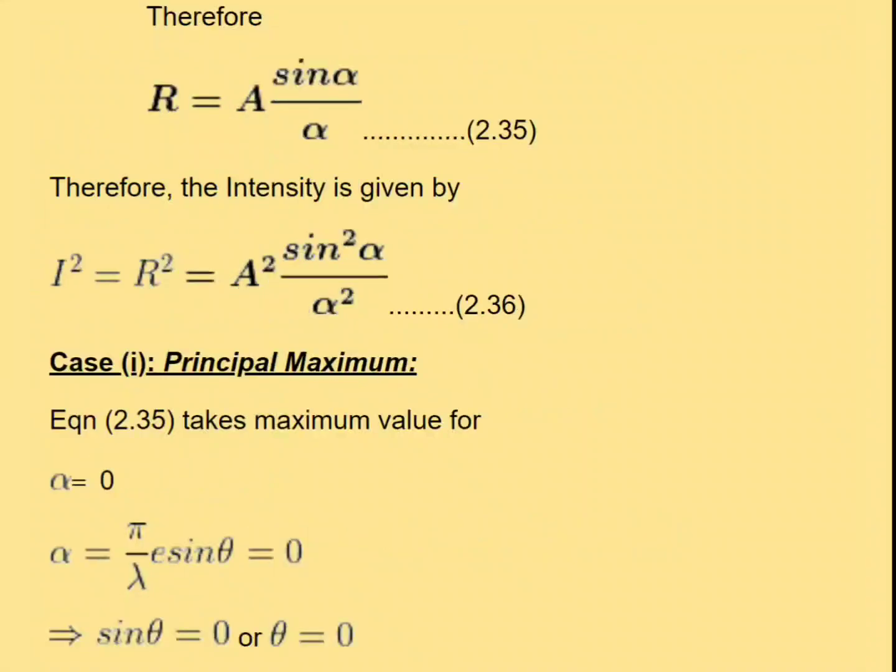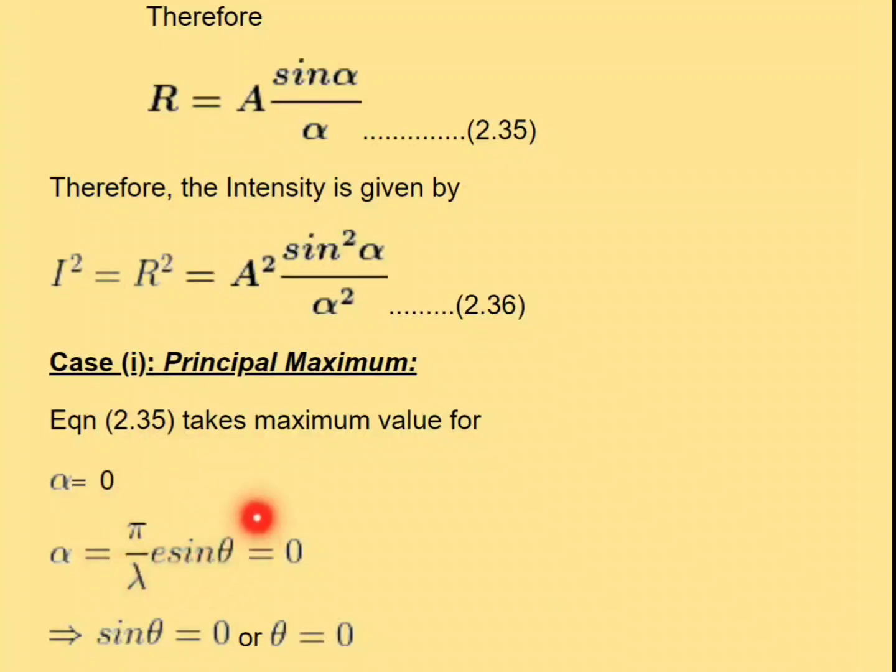Then pi by lambda e sin theta is also equal to 0. By cross multiplying, lambda also 0, 0 by pi, that is also 0. So simply sin theta is equal to 0. Sin theta is 0 at theta is equal to 0. That means the condition for principal maxima is alpha is equal to 0. At alpha is equal to 0, principal maxima exists.